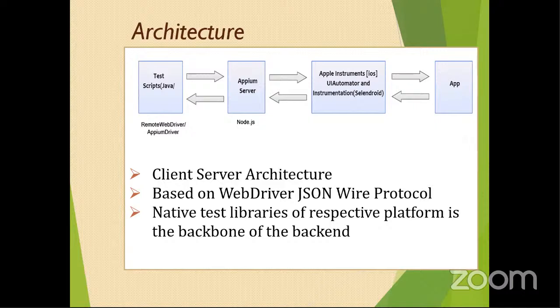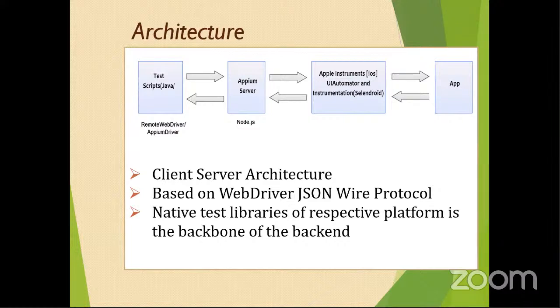From that, for the Android side, we have a bridge. Through the bridge, it will contact the device. Just think like that. Don't get into so much detail on these things. We have written some code, and there are two middle parts. First, the written code goes to the Appium server. From the Appium server, there is a bridge.